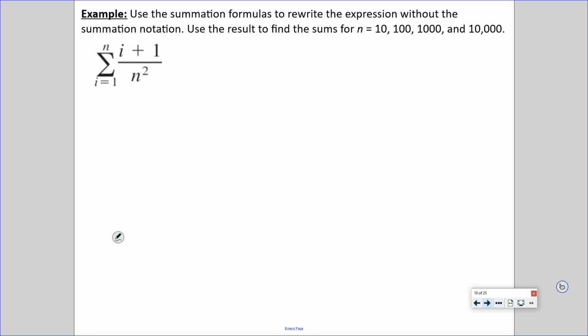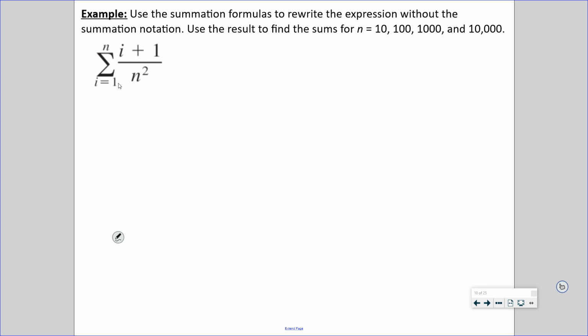Then we're going to go through and do this for, okay, what if n is 10? What if n is 100, 1,000? So this n is like a constant number, okay? And this i plus 1, that's kind of like my rule, because that's the number that I'm plugging my values in for.